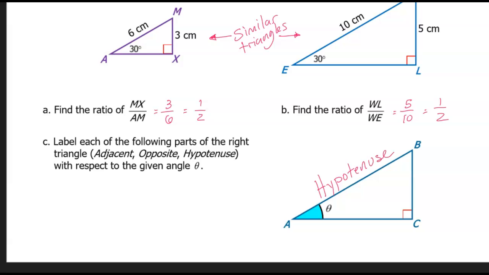Where is the opposite side? BC, across from the theta. And where's the adjacent side? The one that is right next to theta, the one that's touching theta. If something is adjacent to something else, it means it's right next to it.